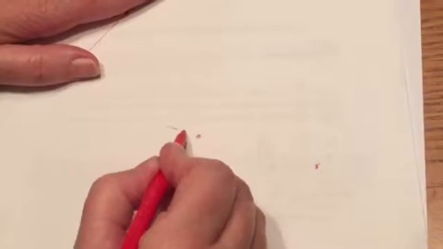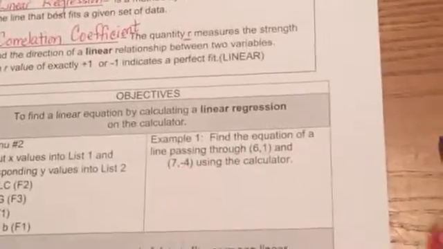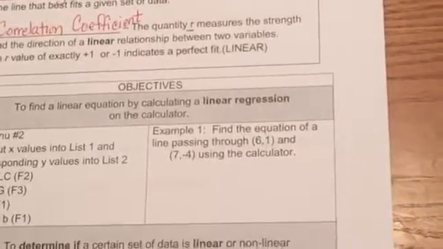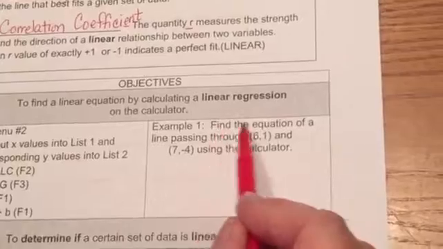I can pick any 2 other points at random, and there is definitely a line that's going to go through those 2 points. So I don't have to worry about is it linear, because if you only have 2 points, it's automatically linear.